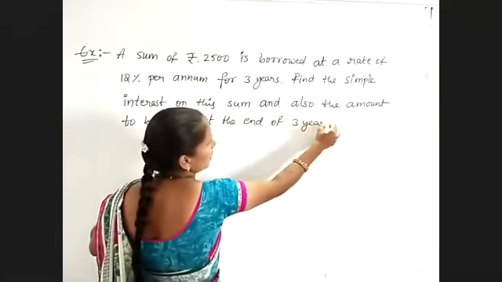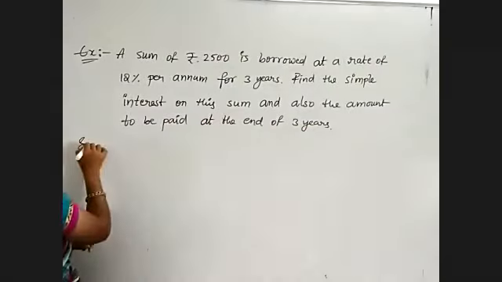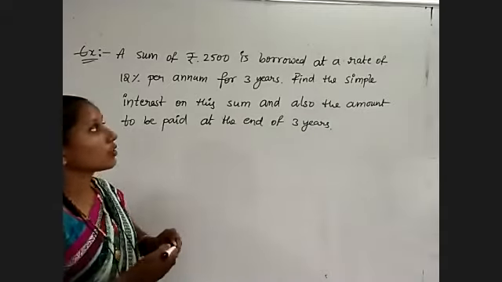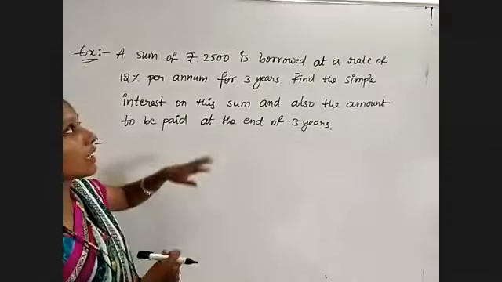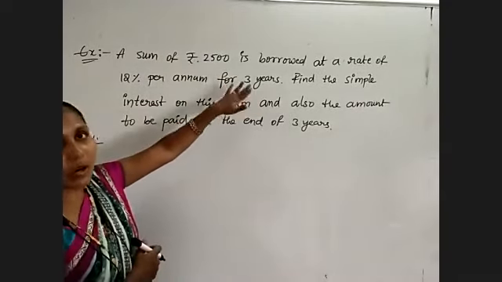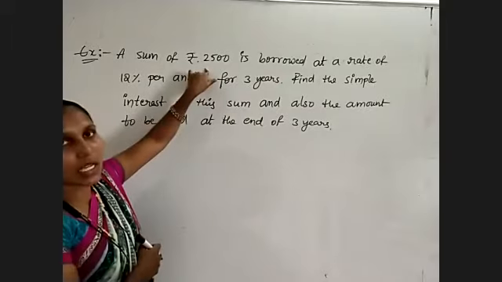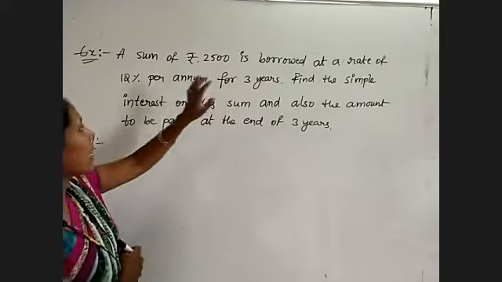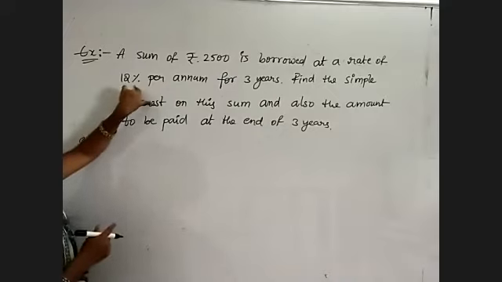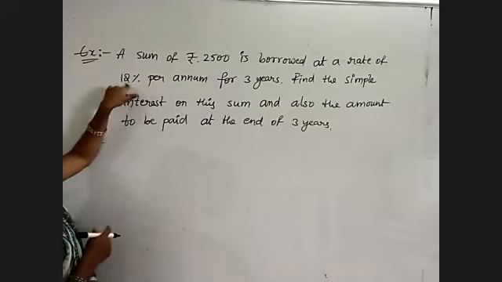Okay, observe the given problem. Sum of 2,500 rupees. Sum is nothing but the principal given. It is borrowed, so the borrowed amount is 2,500. That is the principal. At a rate of 12%, so the R value is 12% per annum.